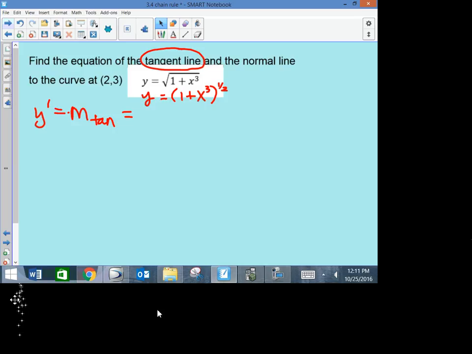So, what's that, a third? It's a square root. Okay, good. Very good. Okay.